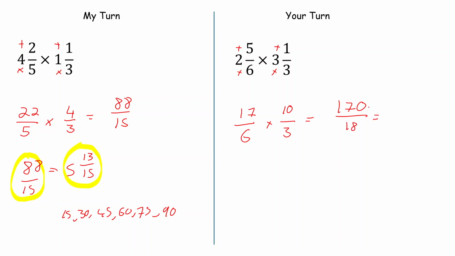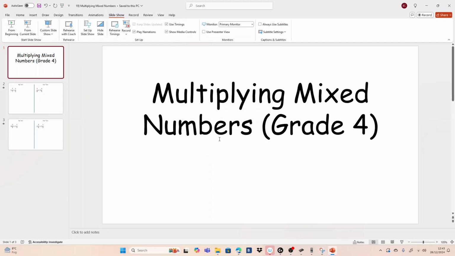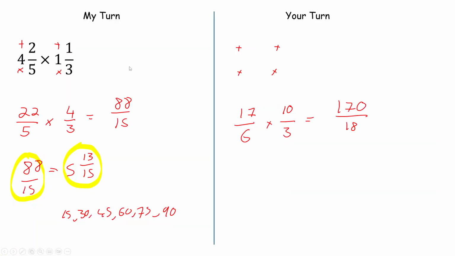Now can we simplify? We can, because we can go and divide by definitely a 2. Actually what I want to show you here is, what you could do is write this as 17 over 6, because I know that 6, I can write it as 2 times 3.